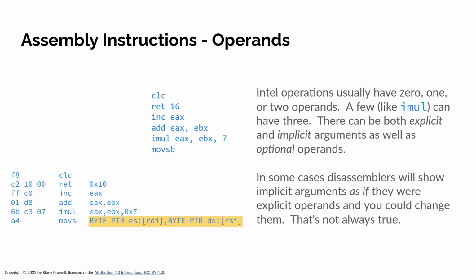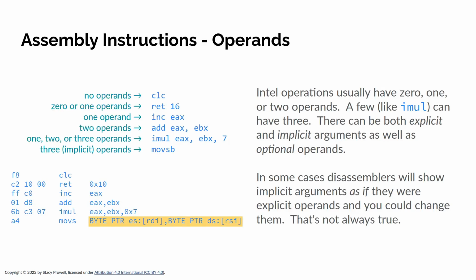So wide variety of stuff. In some cases, disassemblers will show the implicit arguments as if they were explicit operands, and you can't change them. So when I do this MOVSB and I assemble it, and then I go and disassemble it, it might show me this: movs byte ptr es:[rdi], byte ptr ds:[rsi].